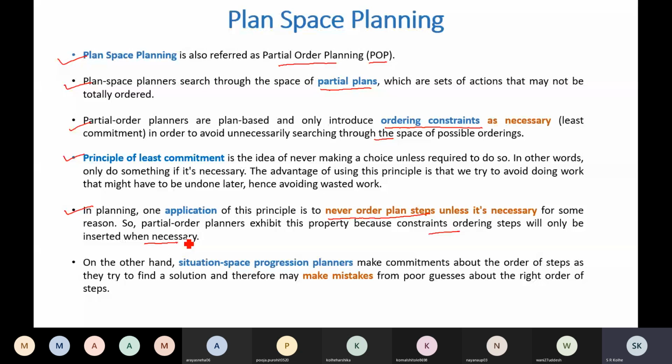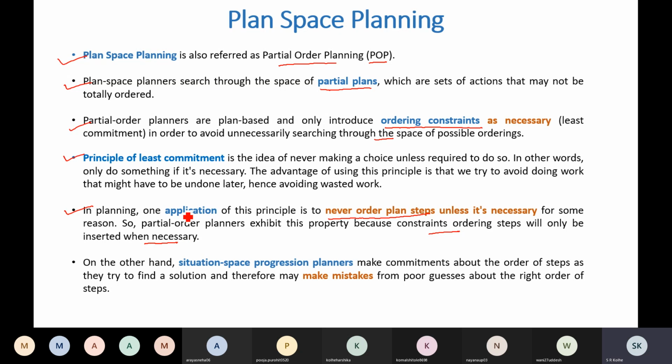You saw there was nobody at the ATM, so you finished that work because tomorrow or the day after, you might need to withdraw money. You realize that you can save a lot of time and effort if you do that right now. So you visited the ATM and then came to the department. This is the least commitment strategy which is used in plan space planning.